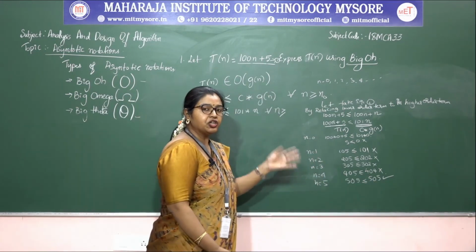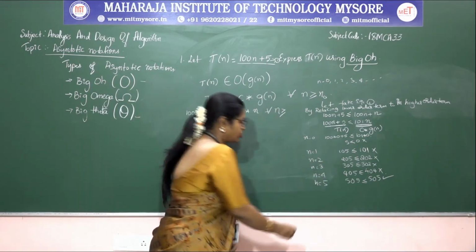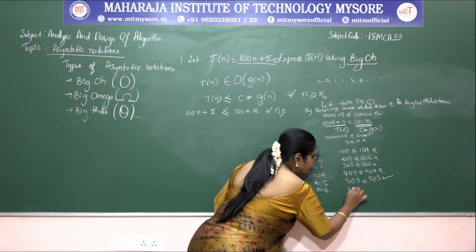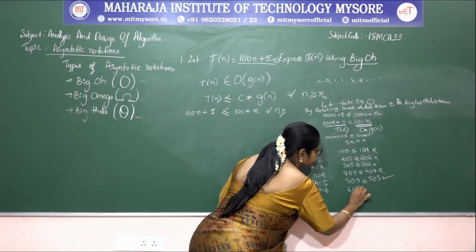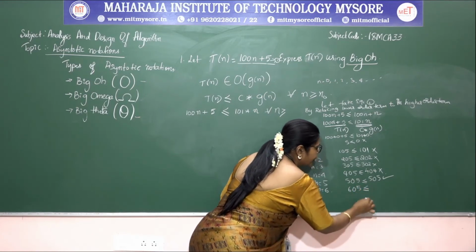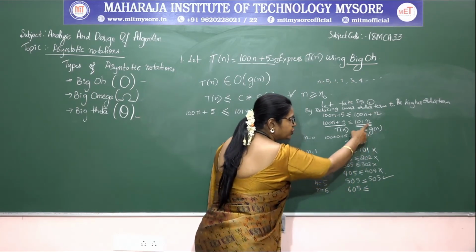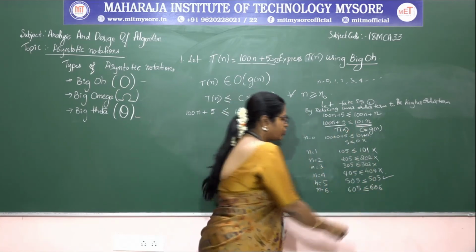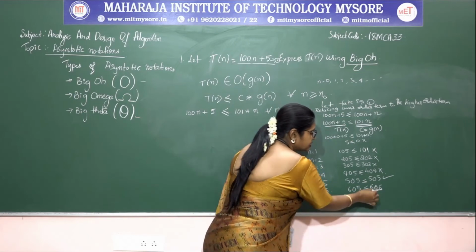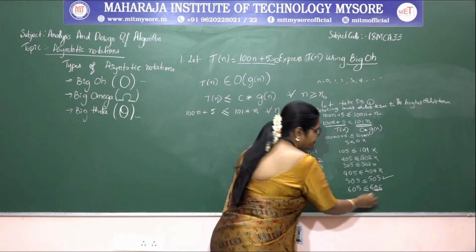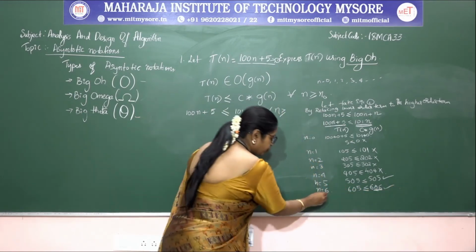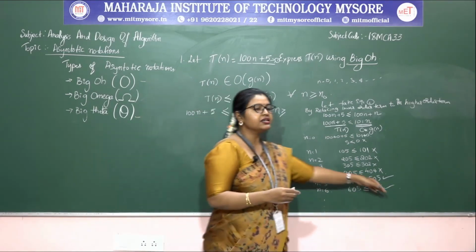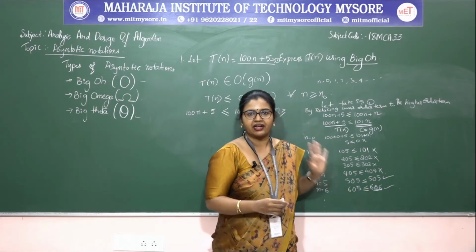Now let me check the next value, when n is equal to 6: 605 is less than or equal to 6 into 101, that is 606. Yes, C into g of n is greater than t of n. This is also true. If you keep on giving n values, definitely the right hand side will be greater than the left hand side.